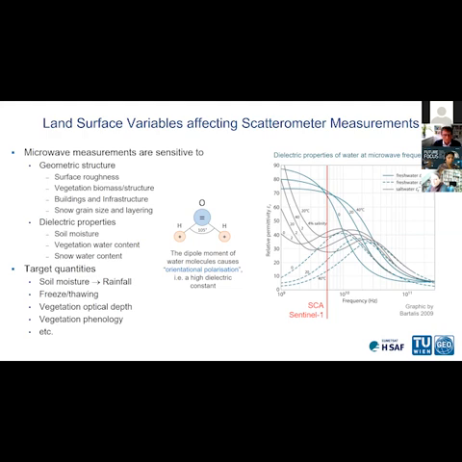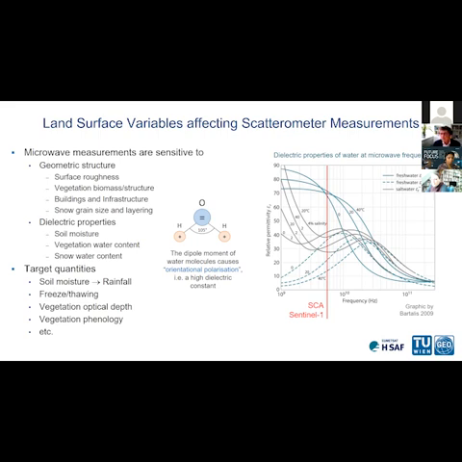Of course, this is very interesting because for this reason, we can derive products. The main target quantity over land is the soil moisture content. A very exciting recent product is a rainfall product derived from the soil moisture time series. A second very important product is freeze-thaw. This comes from the fact that if the soil freezes, its dielectric properties are comparable to those of a dry soil because the water molecules cannot move any longer.